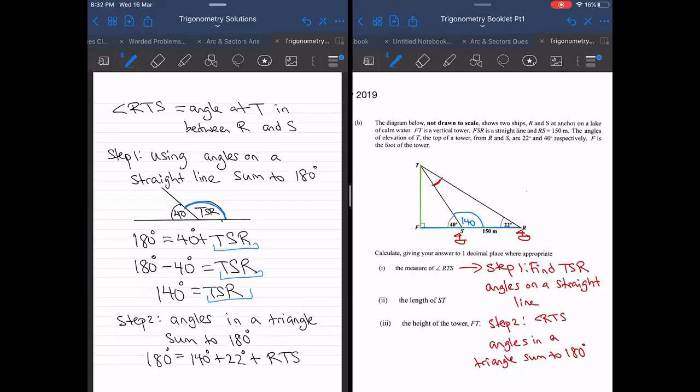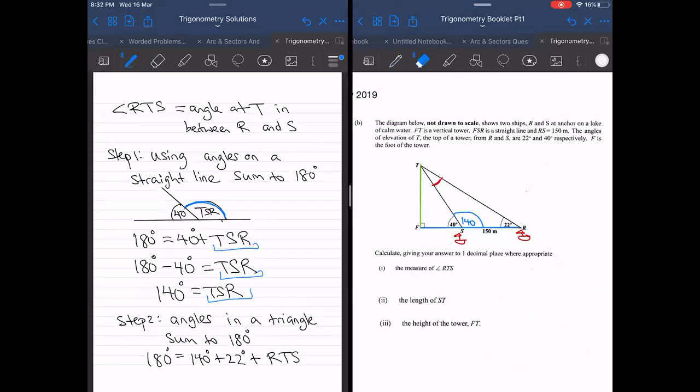Does that help for the person who asks? I had put X, but maybe you can put just TSR instead. Yeah, you're welcome. All right, so I can already tell you that the angle is going to be 18.